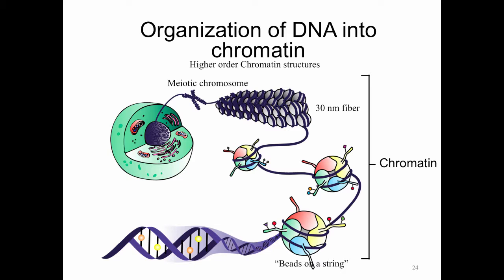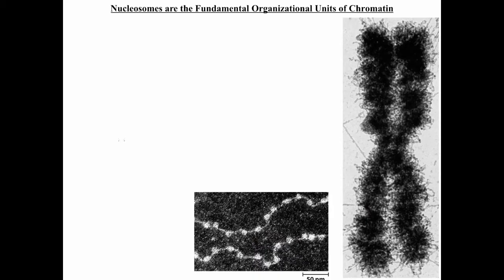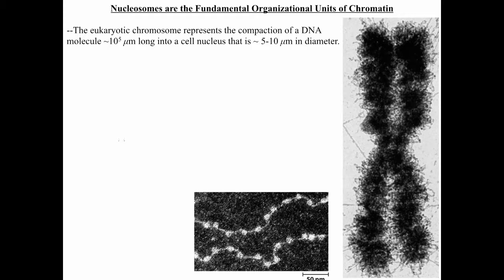The way that our cells are able to solve this problem is to organize our DNA into this structure called chromatin. Our DNA will be wrapped around these proteins called histones. These form what's called a nucleosome, and then these nucleosomes can further condense and condense until it forms either the meiotic or mitotic chromosome, which is the most compact form of chromatin.